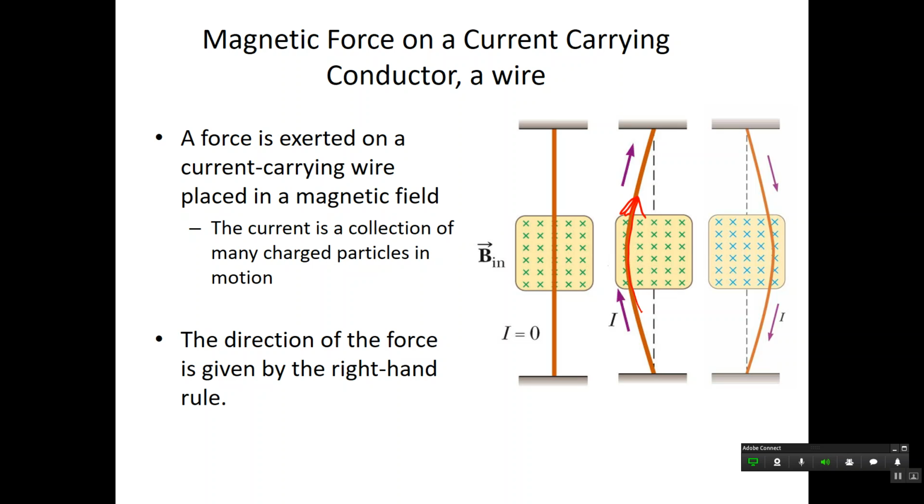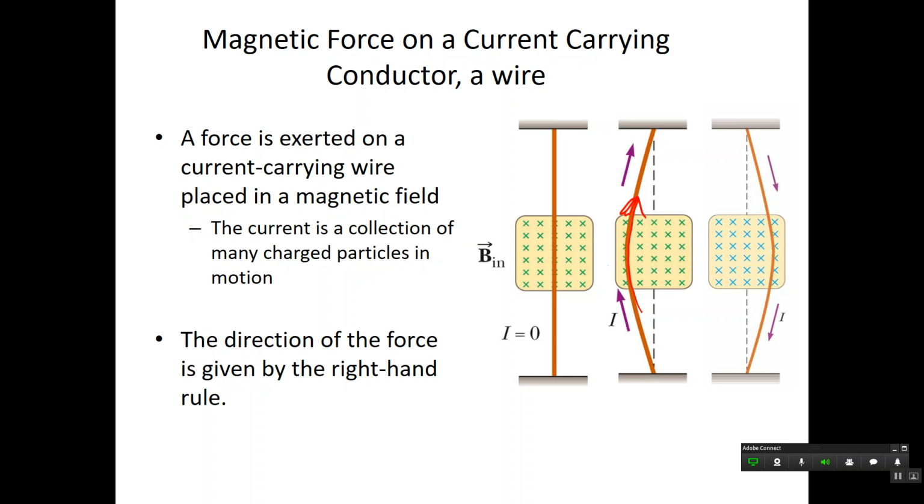Negative charges? In reality, it is. But what did we say about the way we draw things? When we talk about current, we're talking about what kind of charge? Positive charge, exactly. And even though that's not in reality what's happening, we're saying that when there's a positive charge moving, there's going to be a force if it's in a magnetic field. So let's figure out in which direction.